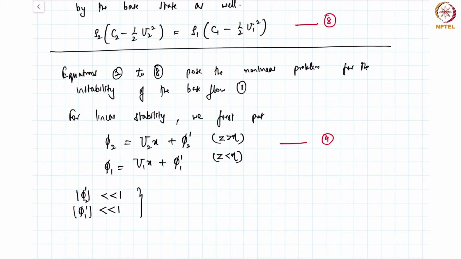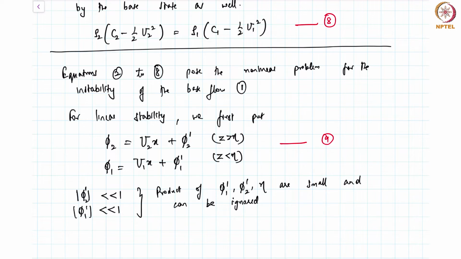It means that I can ignore products of phi1, phi2, eta. The products between these quantities themselves are small and can be ignored. Only the linear terms will be retained. Any product or a quadratic term or higher order terms will be ignored.